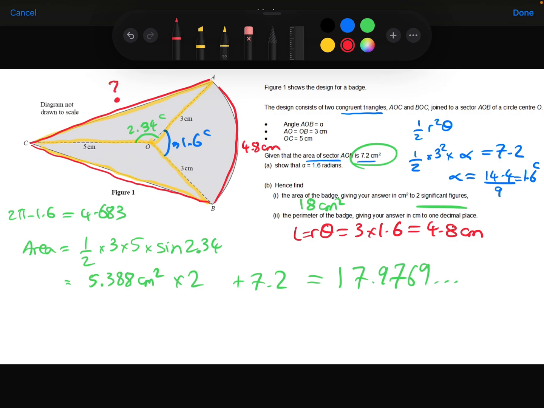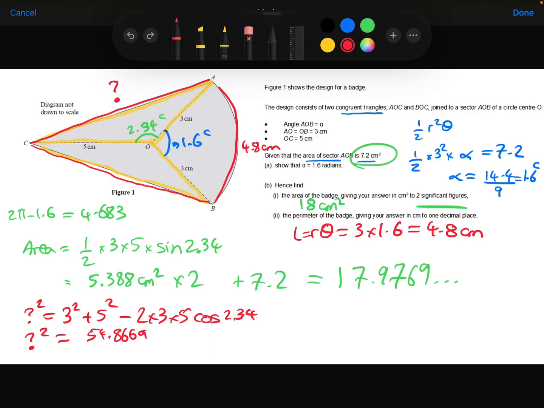To work out the length of this side of the triangle, we're going to use the cosine rule. So a squared equals b squared plus c squared minus 2 times b times c times cos of the angle in between. So that gives 54.866.